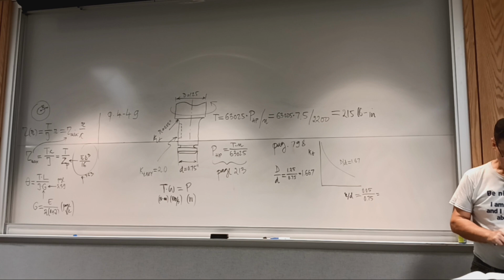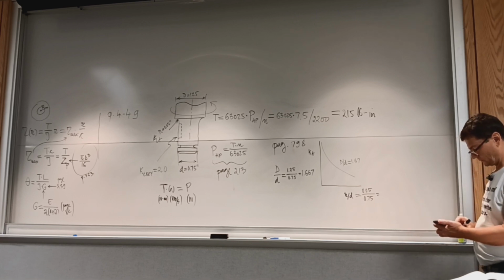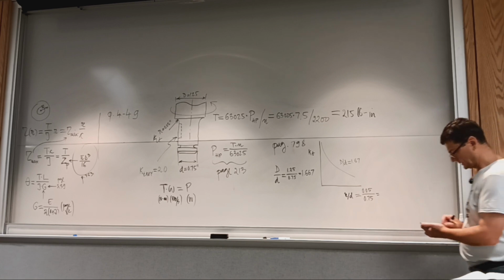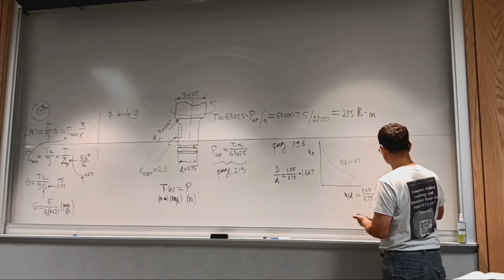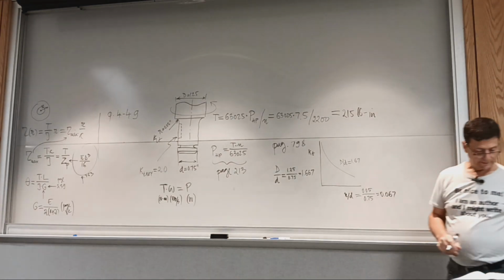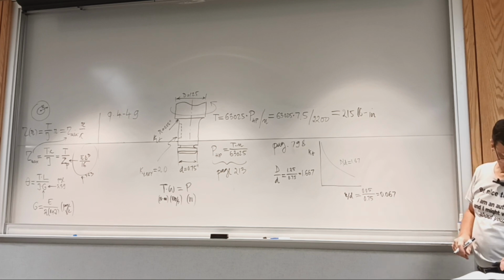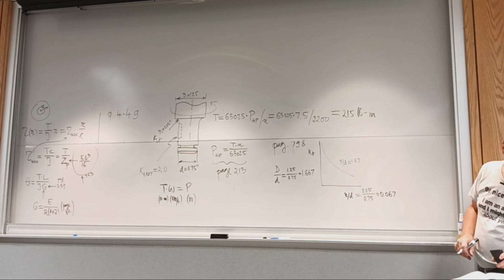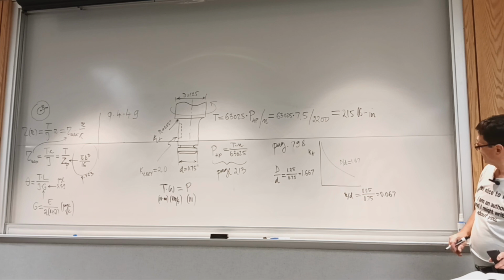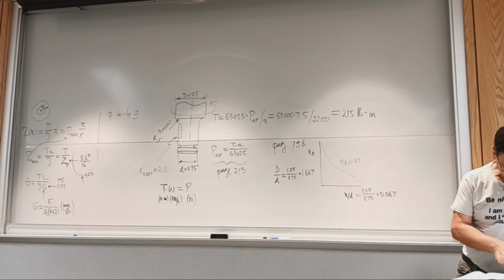So I said 0.05 over 0.75. This is 0.067, and I have 0.05 and 0.1. So in between them. So it goes every, what is the spacing? 1, 2, 3, 4, 5.